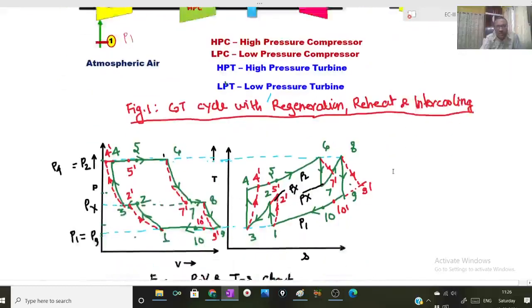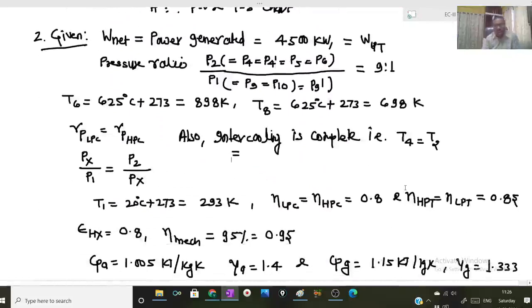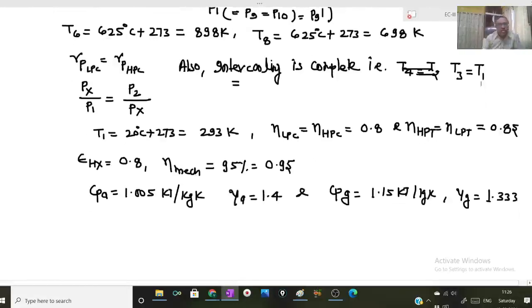That is the meaning. Oh, I have written it wrongly. If intercooling is complete, T3 should be equal to T1. Okay. So pressure ratio is same in both the compressors and intercooling is complete. So it also means intermediate pressure I can take as square root of P1 into P2.